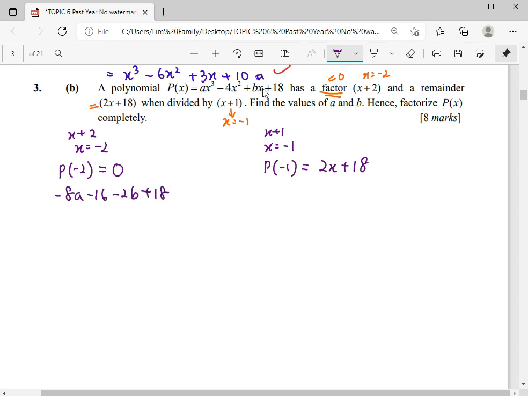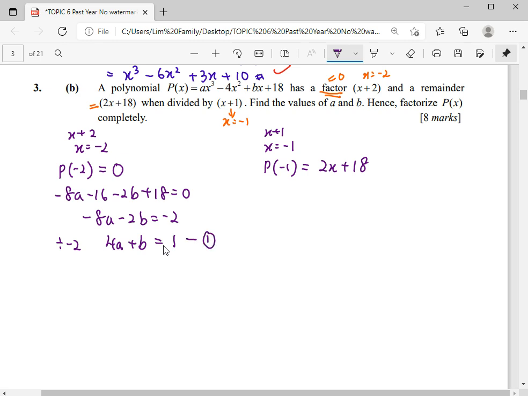Then plus 18 equals 0. This will be our first simultaneous equation. So we simplify this equation. Okay, I see negative, so I divide by negative 2. I simplify to this: 4a plus b equals 1.